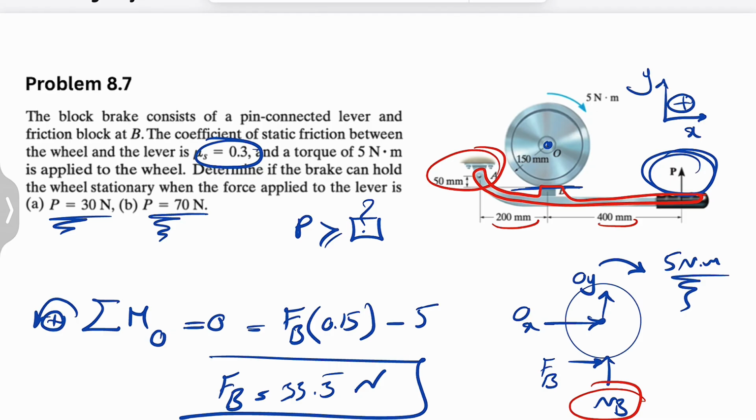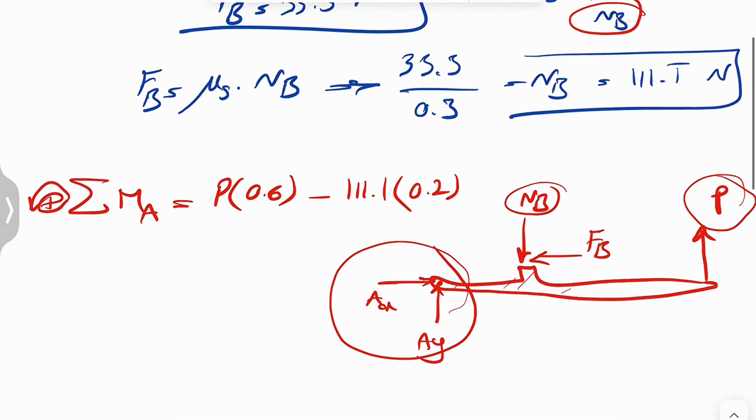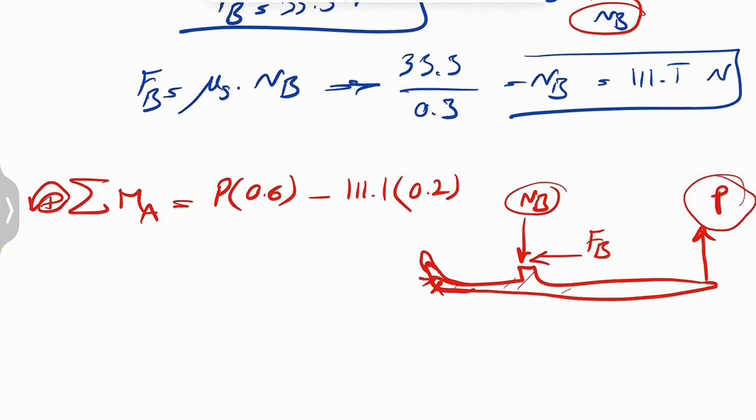Actually, if we want to show this correctly, our A is somewhere in here, so it's above this. The line of action is above that. Let me show this a little bit better. Yeah, so our Ax is actually here and Ay is here. So the line of action of FB is actually below point A, which means the moment is going to be clockwise, so that one's also negative.